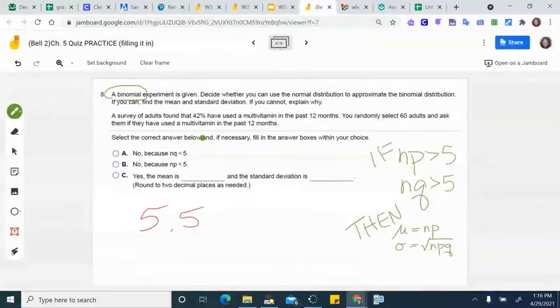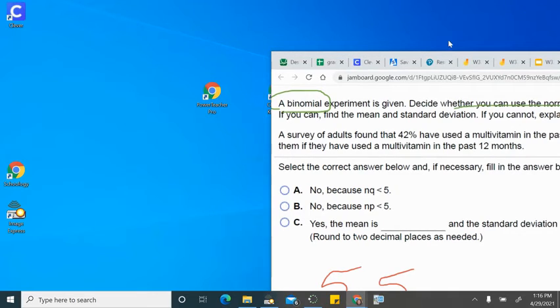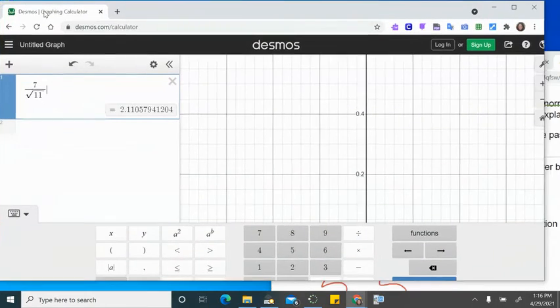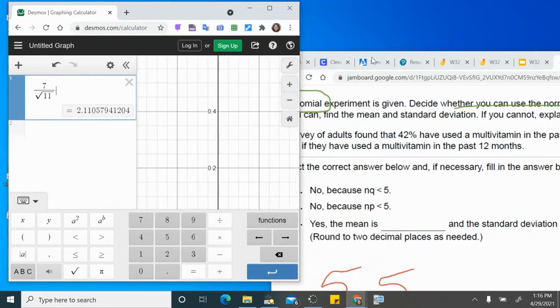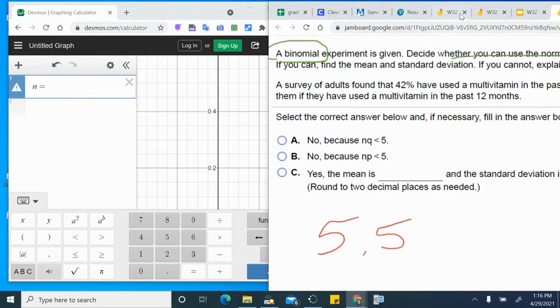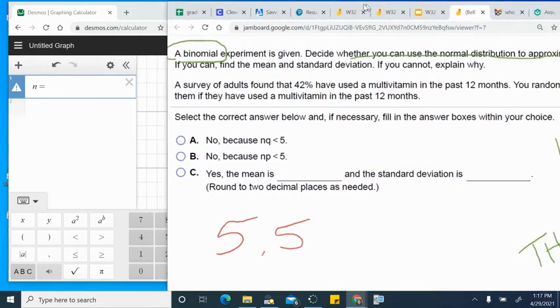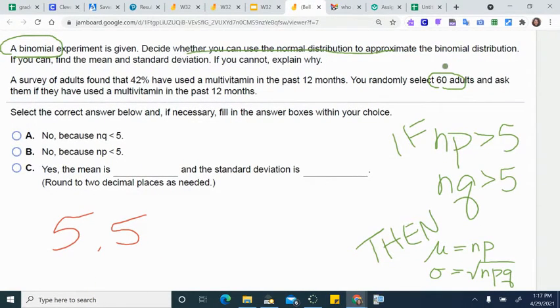You ready? So first of all, it says decide if you can use normal distribution. So we have to see if this is true. So I'm going to grab Desmos and plug in what my N, my P, and my Q are real quick. N is the number in the sample. Let's see. What was the number in the sample? You randomly select 60 adults.